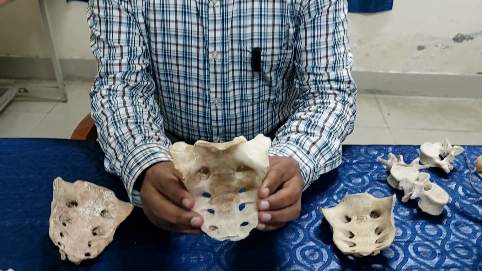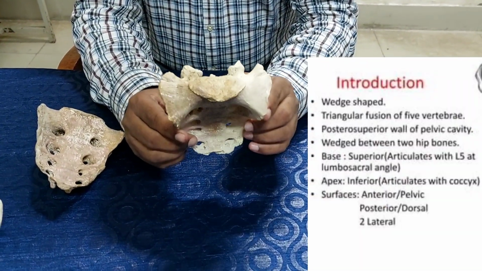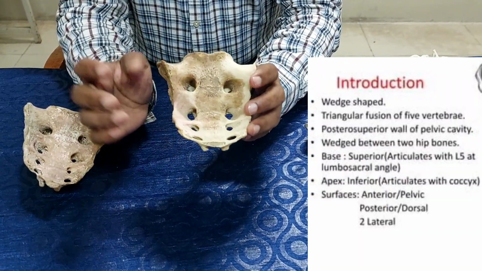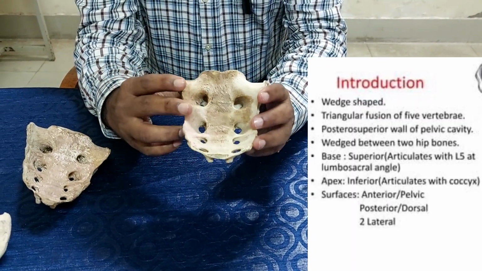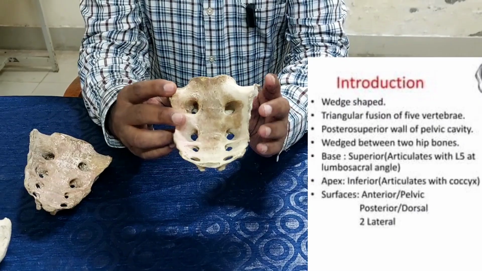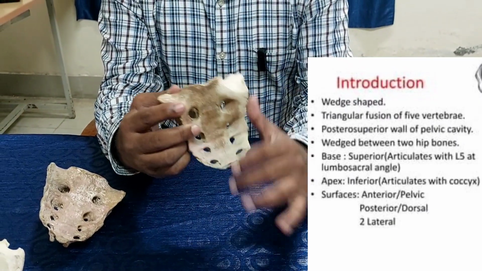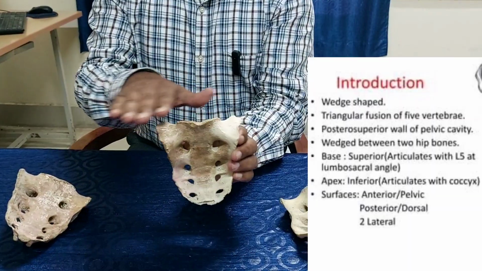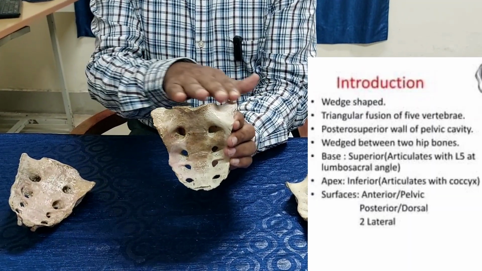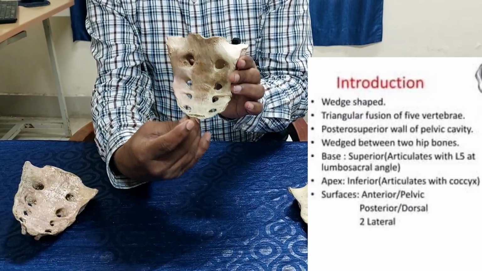You see, this is sacrum. And first of all, you will be asked how to hold the bone in anatomical position. Before holding in anatomical position, you must know the different parts of this bone. This is the base of the bone because it is a triangular shaped bone.